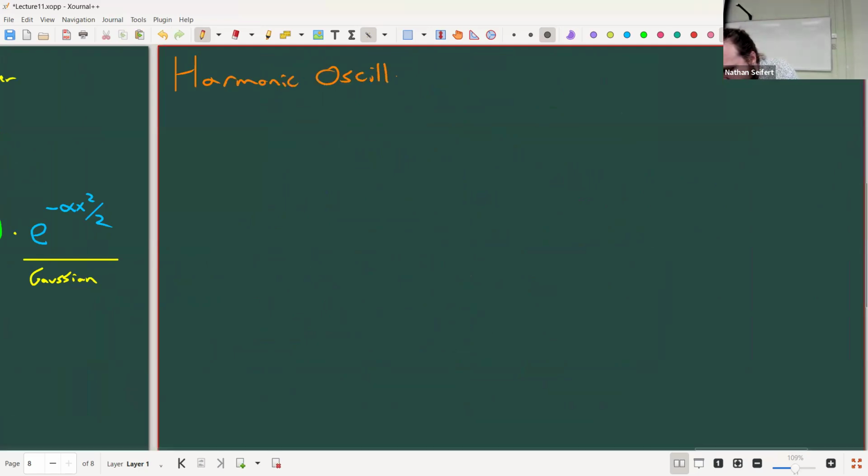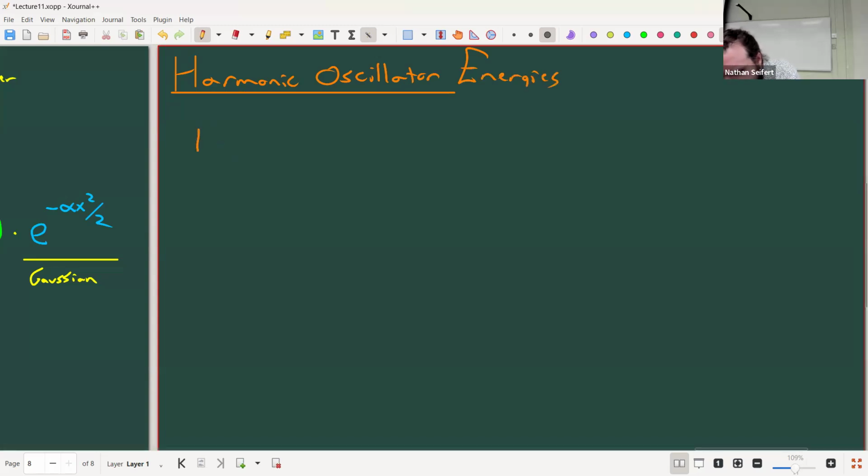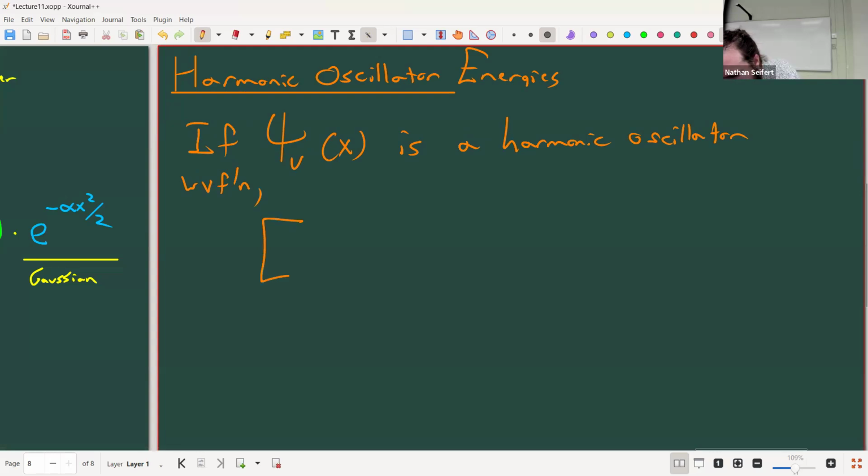And I won't go through the derivation of this. It's not too hard to do. But what you find is that if psi v of x is a harmonic oscillator wave function, then the energy of that state, E sub v, is h bar omega times v plus 1/2.